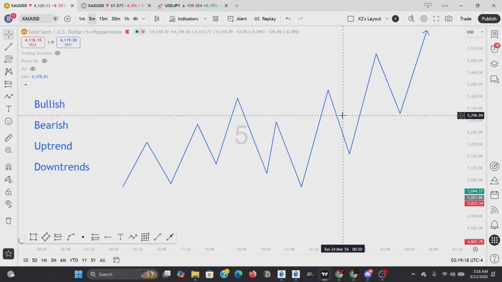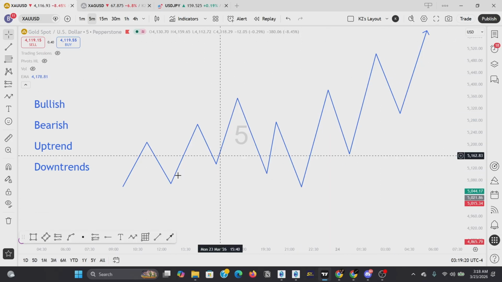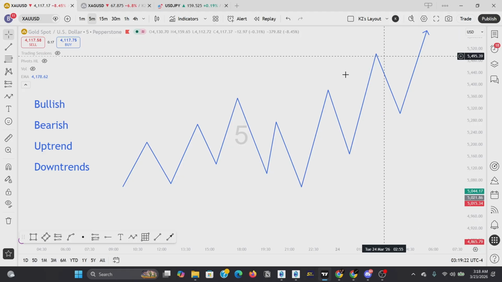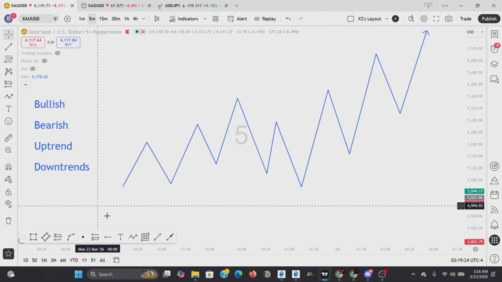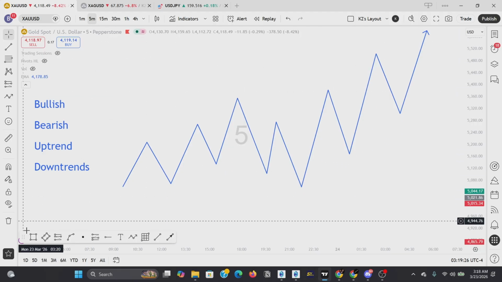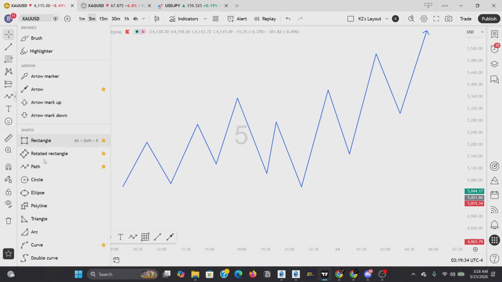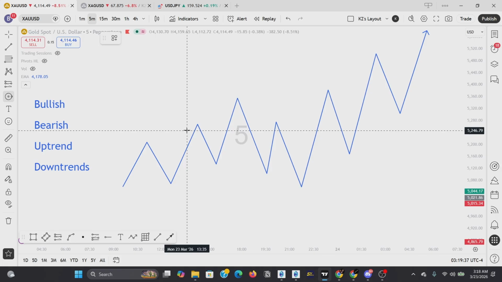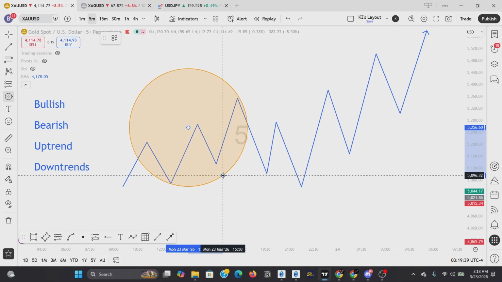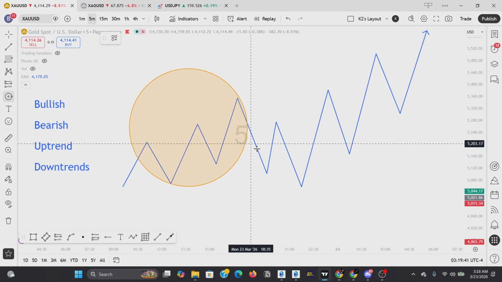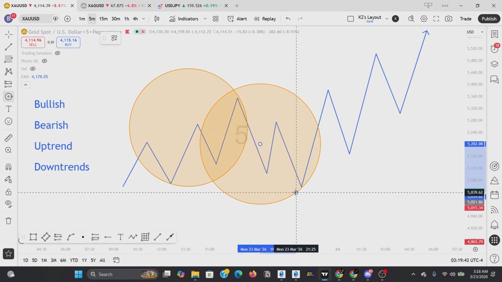So this right here, this is a bullish market. The market overall is in an uptrend. If you were trying to identify the uptrends, here they are. This is an uptrend. This is a downtrend.